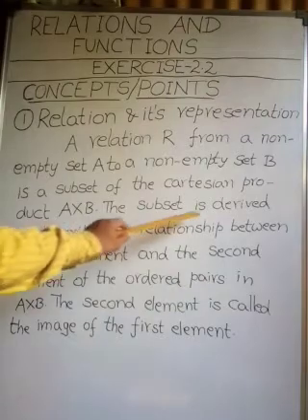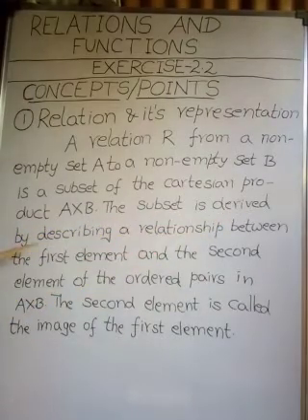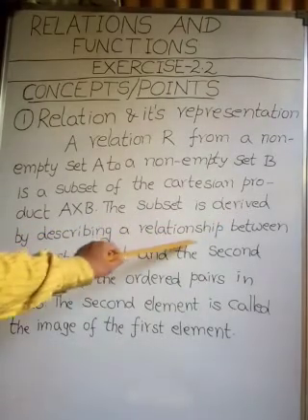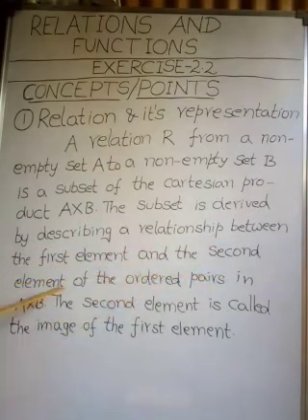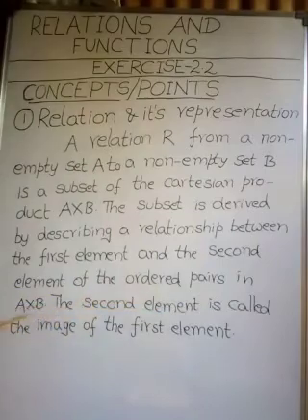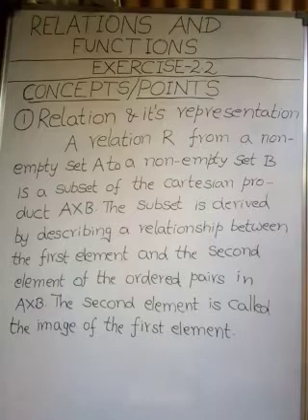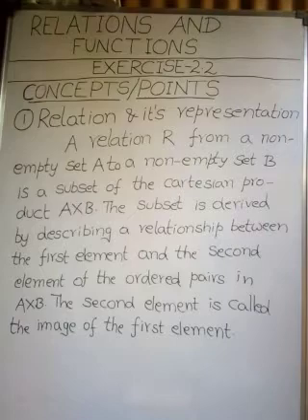The subset is derived by describing a relationship between the first element and the second element of the ordered pairs in A cross B. You know, in A cross B, there are some ordered pairs. In the ordered pairs, ordered pair means there are two elements, two objects, first object, comma, second object.